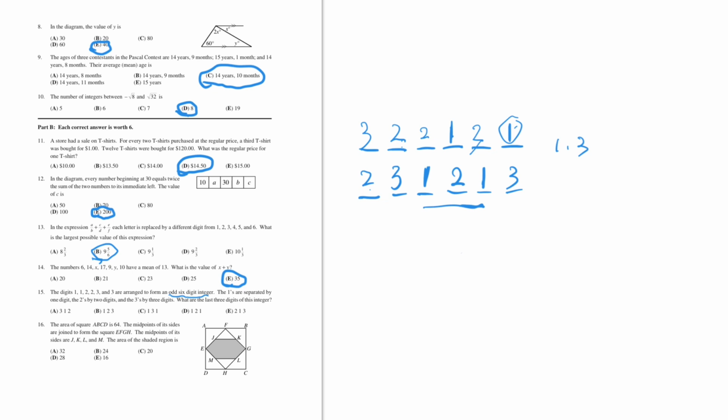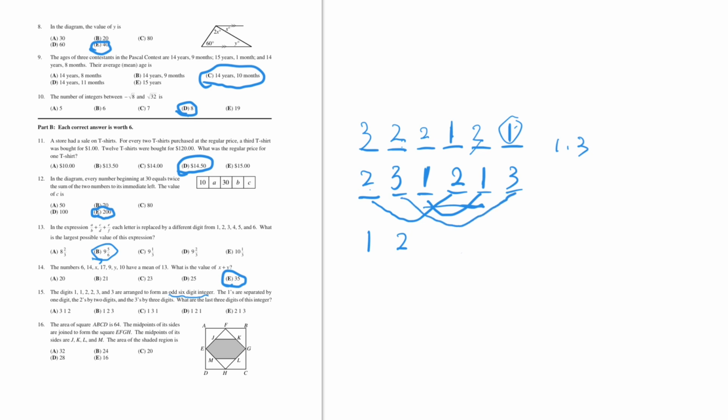So we check whether it satisfies all the restrictions. The 1s are separated by 1 digit, it works. The 2s are separated by 2 digits, they have 1 and 3 between them, it works. The 3s are separated by 3 digits, it works.